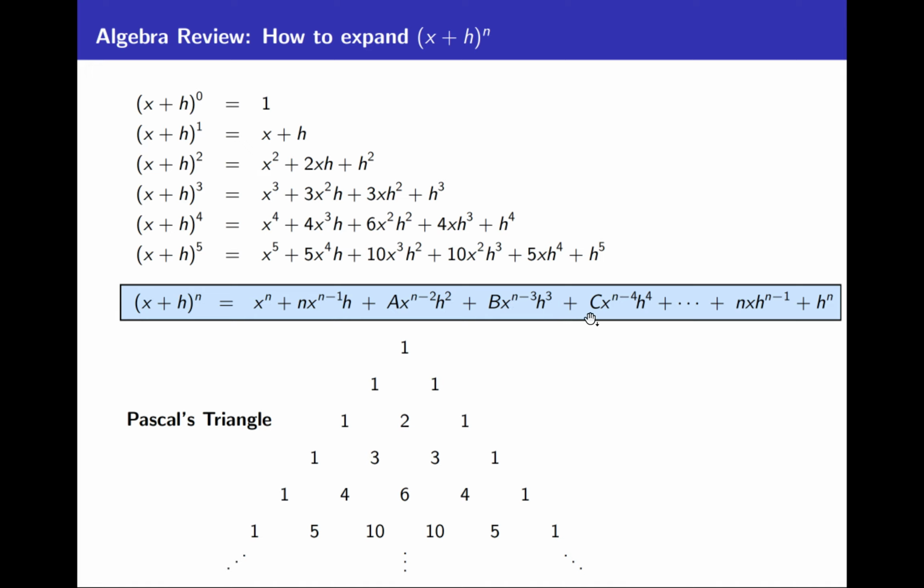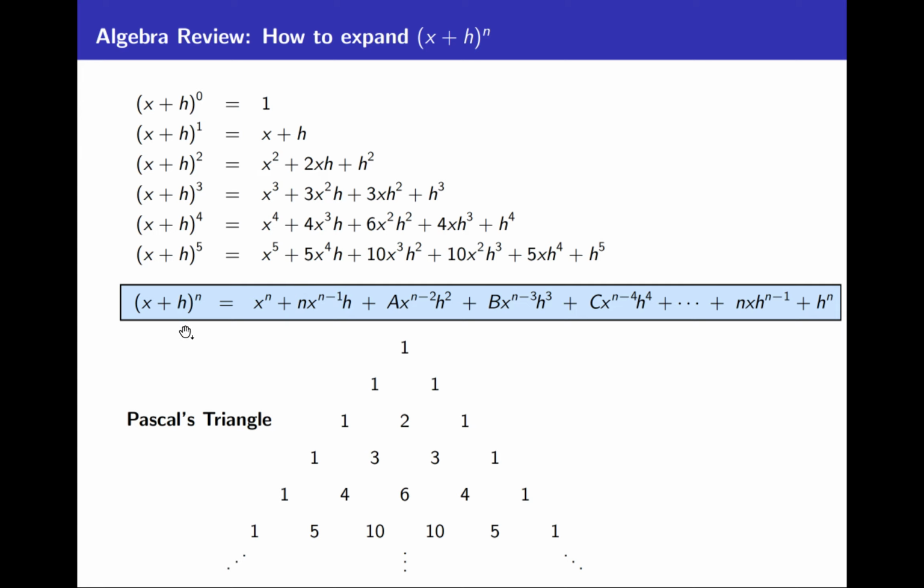And that pattern just keeps going with coefficients. Next one is c. But the powers of x go down, the powers of h increase, until at the very end, the next to the last term is n times x times h to the power of n minus 1, and the very last term is h to the power of n, as we see here.